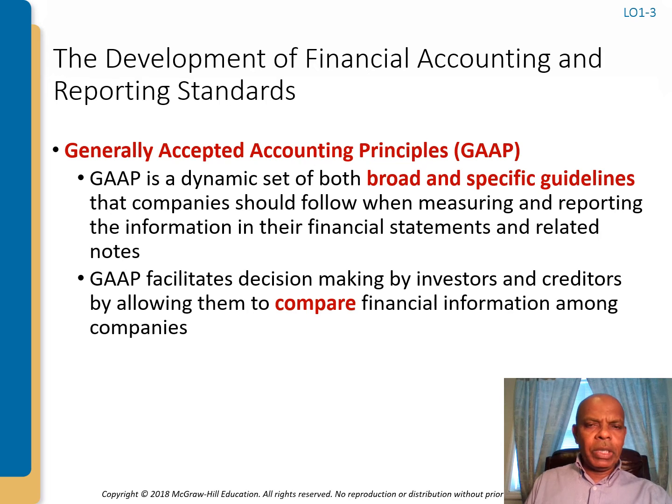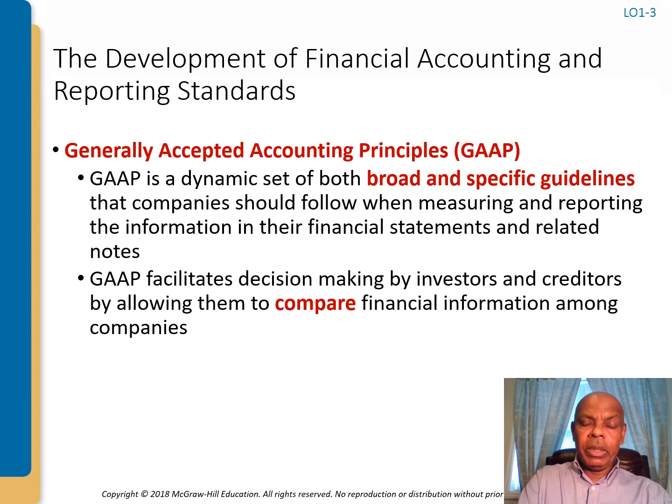GAAP, I think we learn very early, even in Accounting 101 and Accounting 102. We know that's our Bible. When it comes to financial accounting, it is the development of financial accounting and reporting standards. GAAP is a dynamic set of both broad and specific guidelines that companies should follow when measuring and reporting information in their financial statements and related notes.